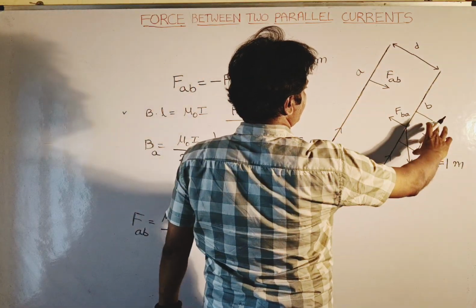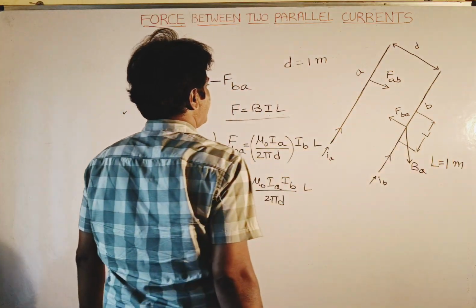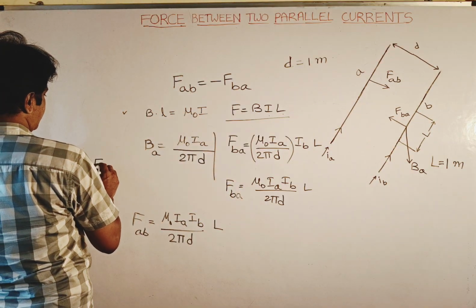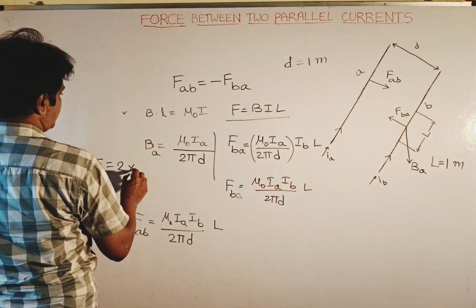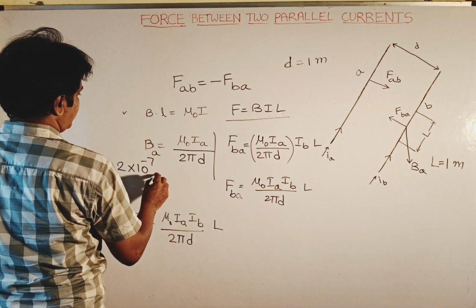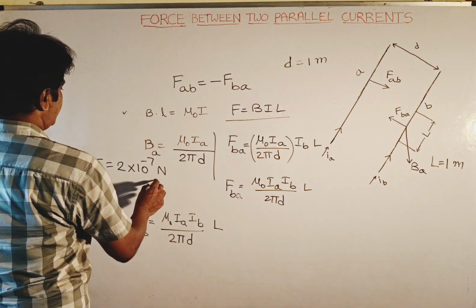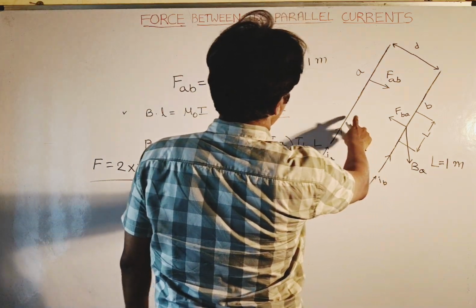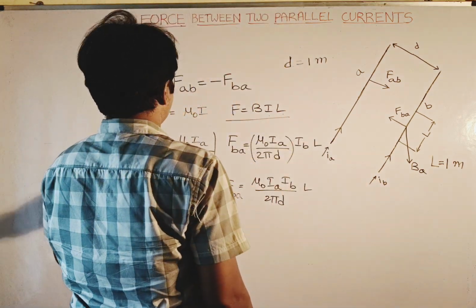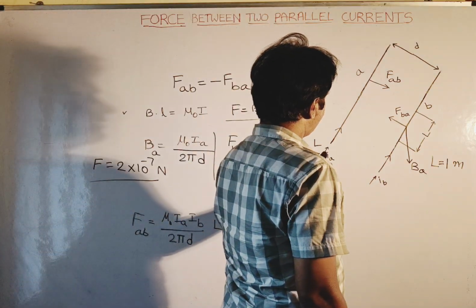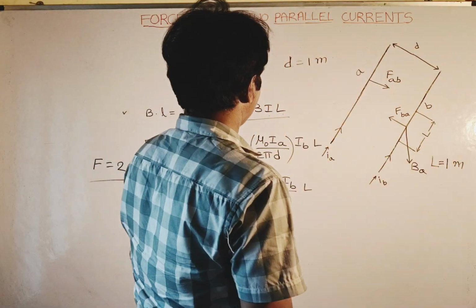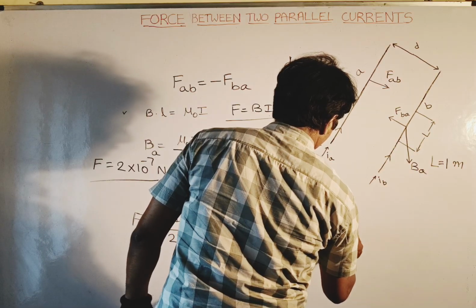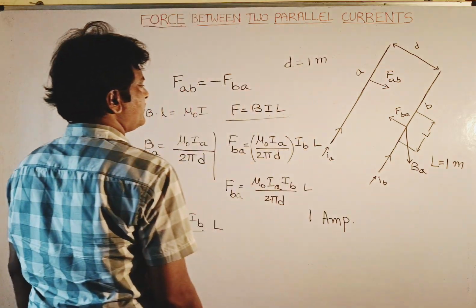The force acting on this part of 1 meter length is F equal to 2 into 10 to the power of minus 7 newtons. If this is the force acting between these two conductors on each other, then we can say the current flowing through each conductor is 1 ampere. This is the definition. This is a theoretical definition.